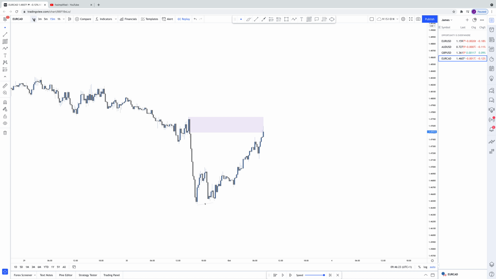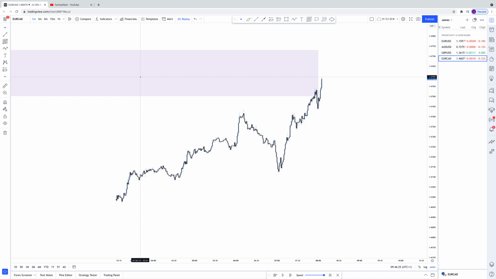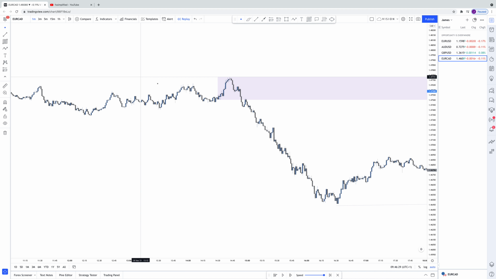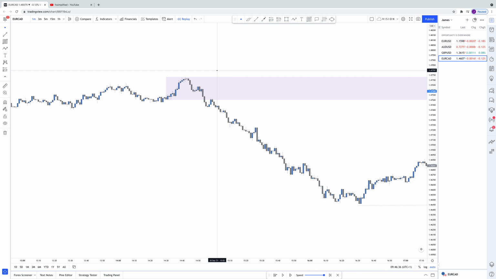So I want to go into a 1 minute time frame quickly, because I do like to really look at the area in which supply was created, and really look to see what price is showing, because sometimes there's unmitigated areas, and I think we can agree that the cause of this break really started from these 3 candles here.